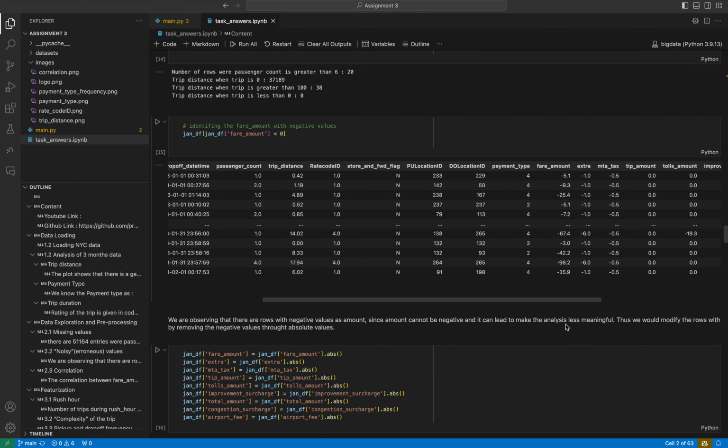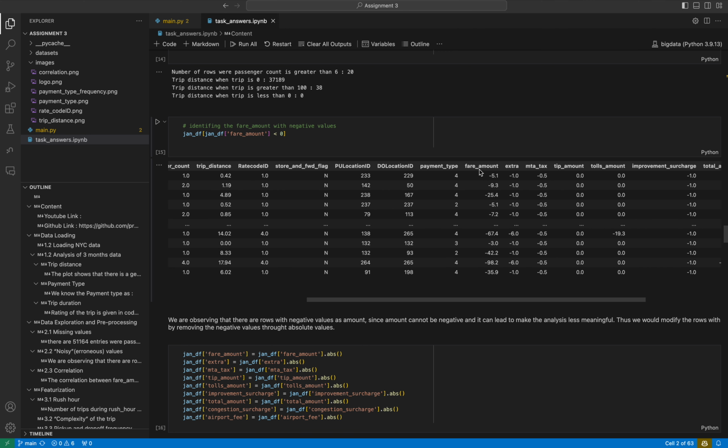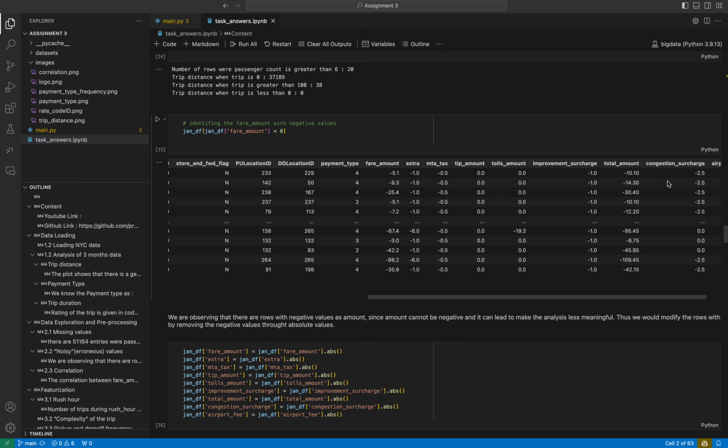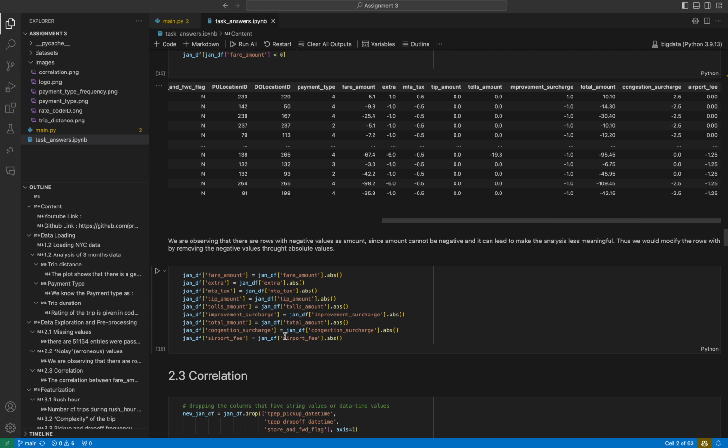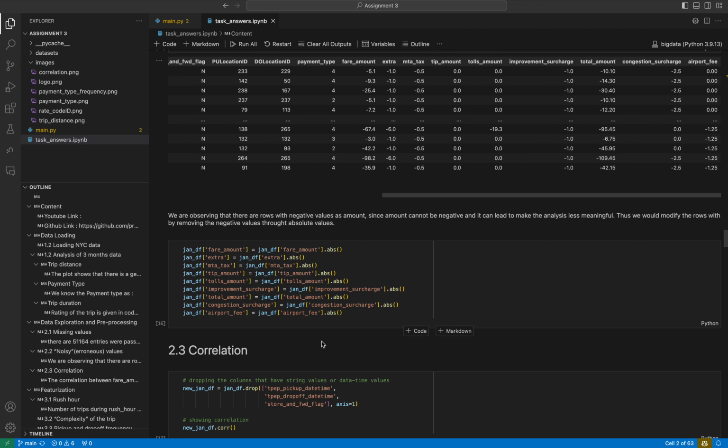I took the liberty of converting them into absolute values. All of these amount values, basically fare amount, extra, tip, toll amount, and total amount, can mislead the data. So I did this whole correction of that.